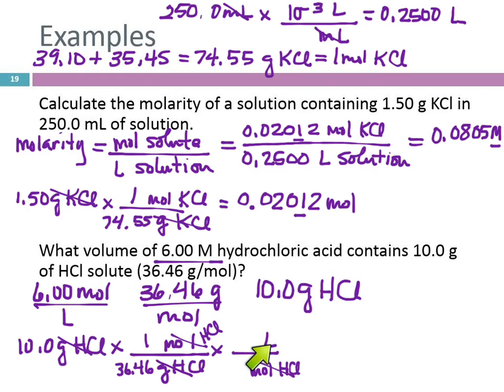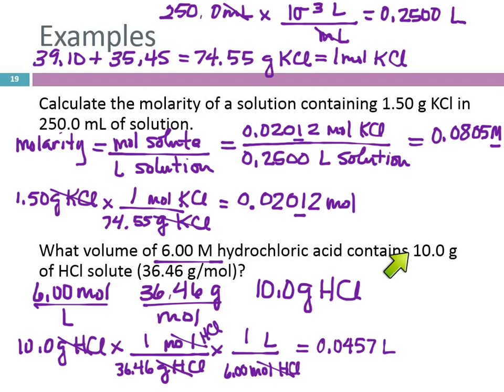And then this is the relationship between moles and liters. It's 6 moles to 1 liter. So over here, 6 moles on the bottom and 1 liter on the top. 10 grams divided by 36.46 divided by 6 equals 0.0457, and the unit is liters.